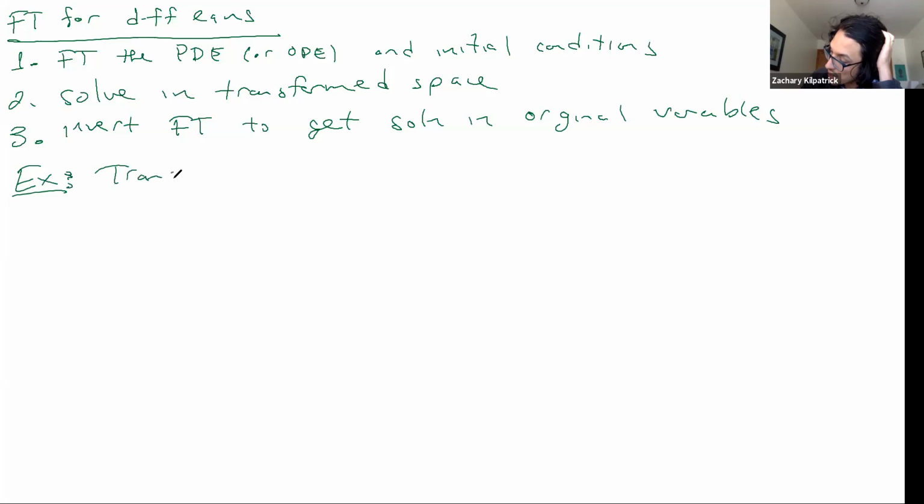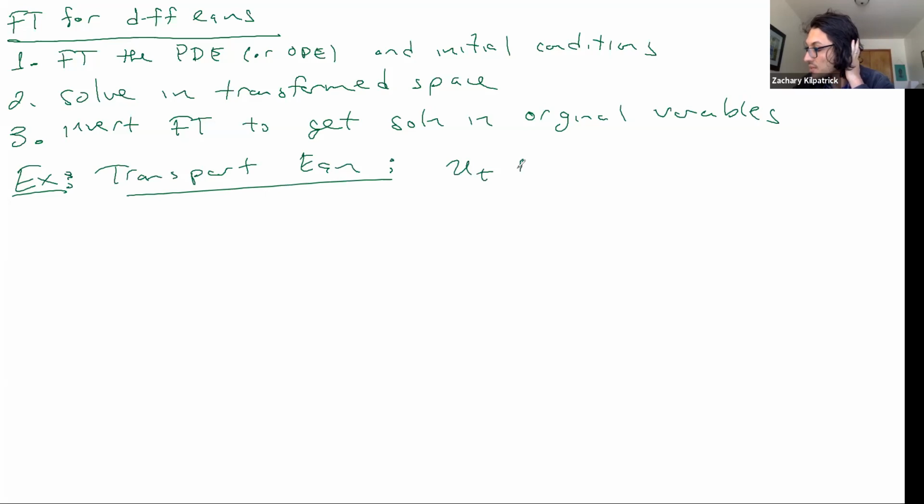So let's take an example. Let's say that we had the transport equation, where we just have u sub t plus u sub x is equal to 0, and u of x, 0 is equal to some function f of x in this case.